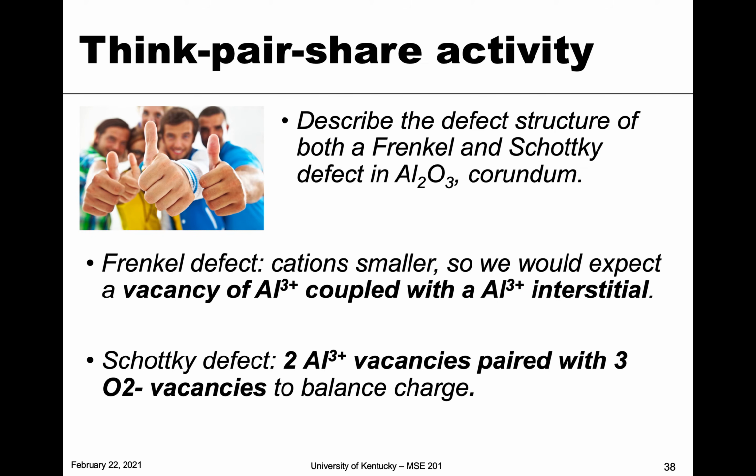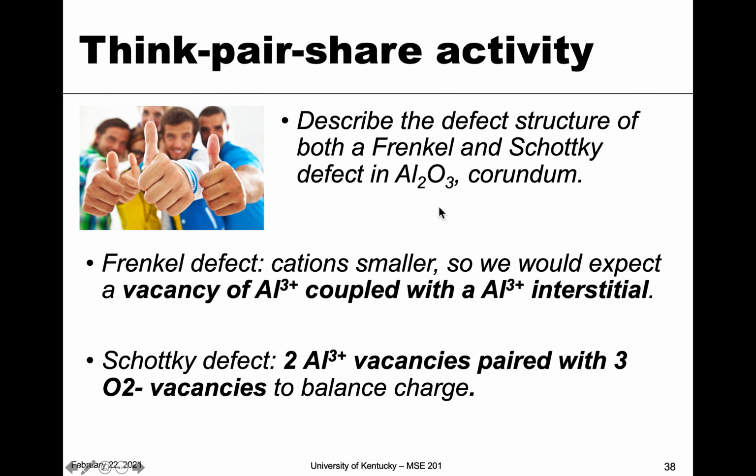So for the Schottky, this is where we have coupled vacancies. And again, it goes with the formula unit to balance the charge. So since we have Al2O3, if we remove one aluminum, that means we'd actually have to remove 1.5 oxygen.